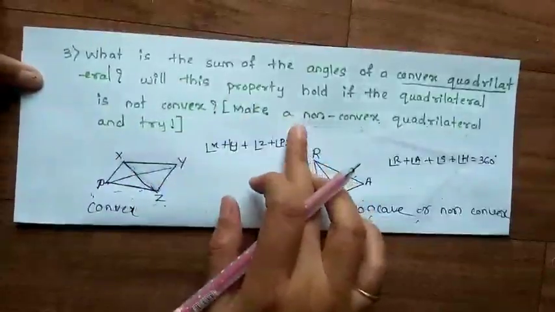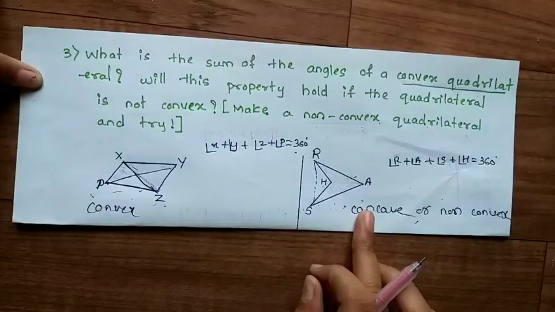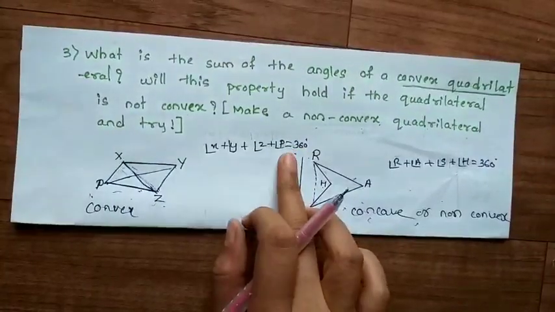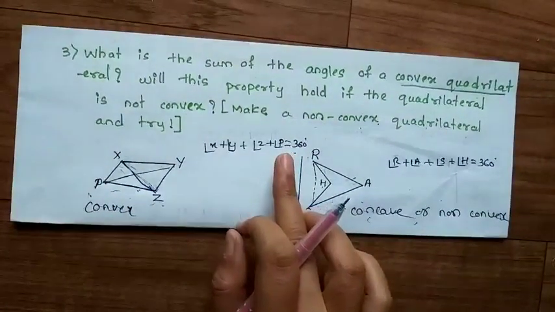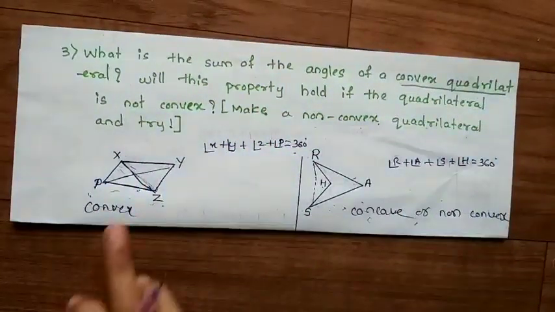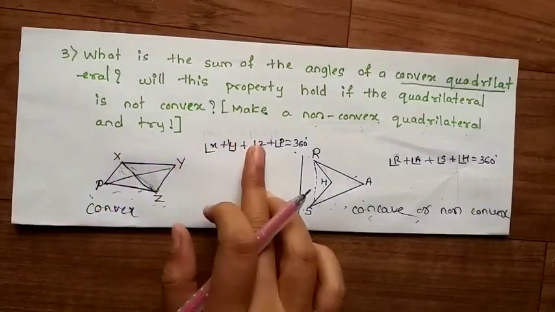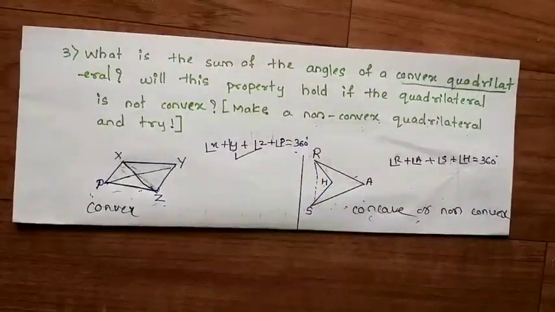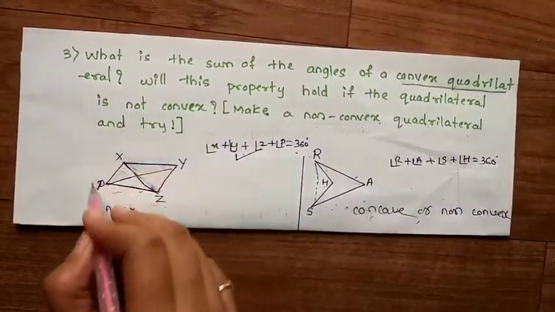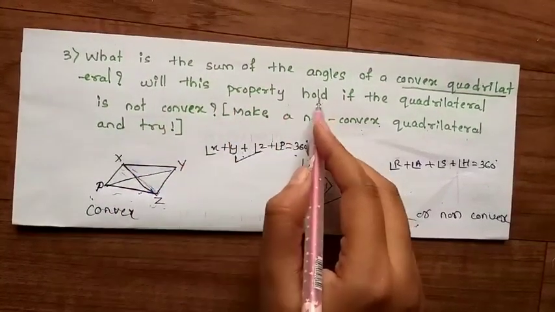Now, let's discuss the question. You have learned the convex quadrilateral and the non-convex quadrilateral. And you also know the angle sum property of a quadrilateral: the sum of the 4 angles is 360 degrees. Here in this question, what do we have to prove? What is the sum of the angles of a convex quadrilateral? We have to prove that the sum of these 4 angles is equal to 360 degrees.